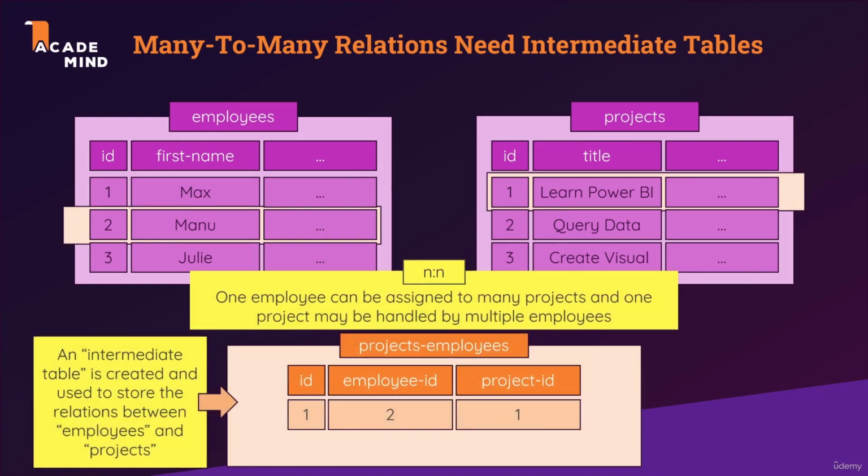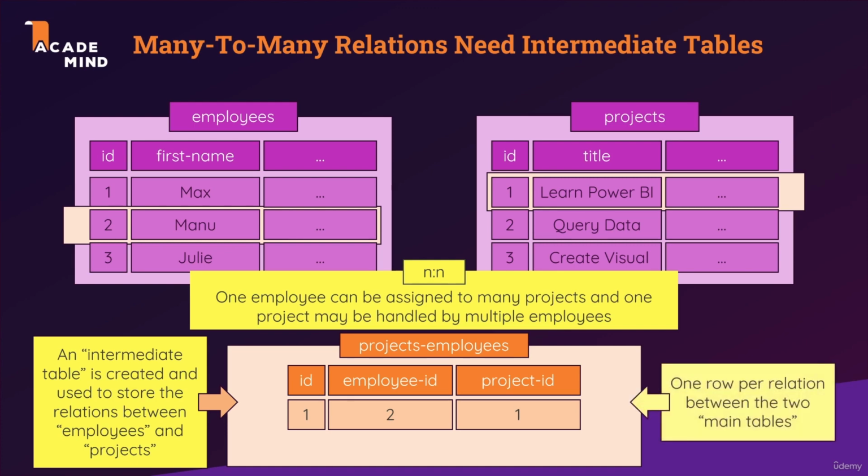This table stores the relations between the employees and projects table. So as you can see here, our first entry, for example, contains the employee ID, myself in this case, so 2, and at the same time the project ID I'm assigned to, 1 in this case.